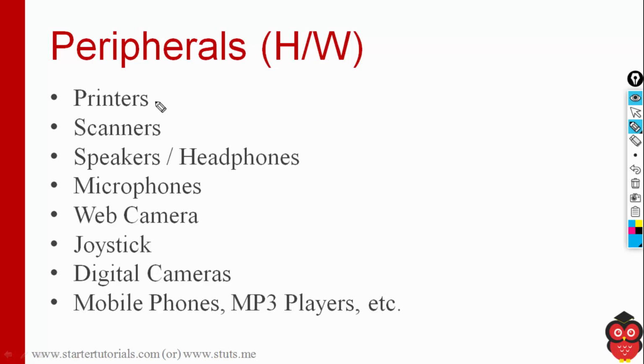Different peripherals are listed out here: printers, scanners, speakers and headphones, microphones, web camera, joystick, digital cameras, mobile phones, MP3 players, etc. Let's look at each one of them in detail.